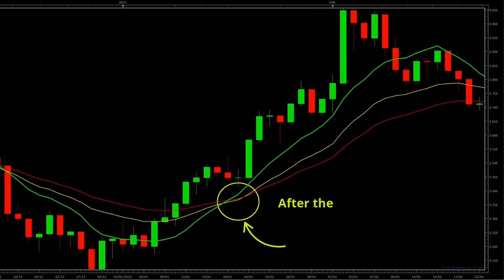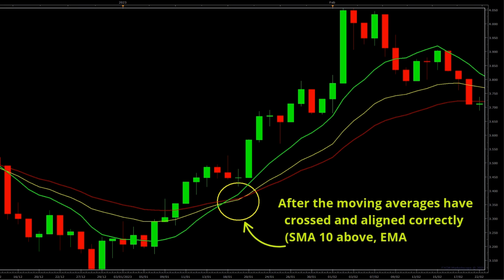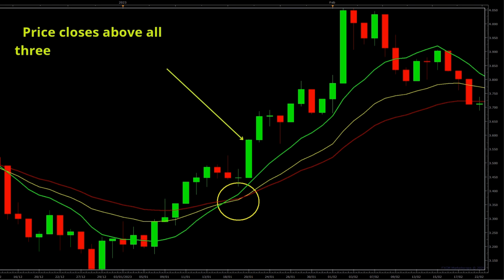Let's rewind to see how this setup formed. It all began here, where the moving averages crossed and settled into the correct bullish alignment, with the SMA 10 on top, EMA 20 in the middle, and the EMA 30 at the bottom. After the alignment, we got the second confirmation. The breakout.